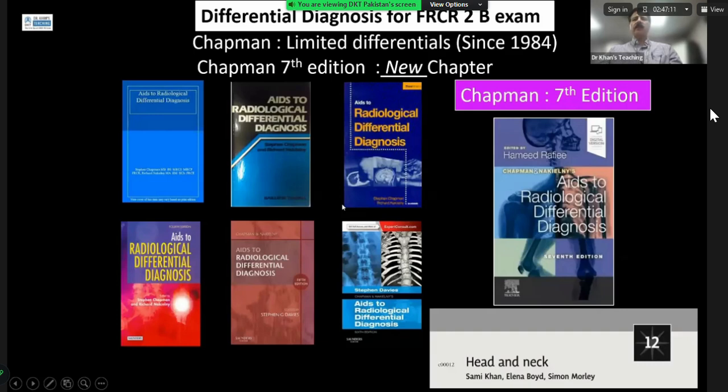And the key resource which I recommend for the FRCR exam is this book. We just use the word Chapman for this. And this is the current edition, which is the 7th edition. So what happened was that, in 1984, you will be surprised that head and neck was lacking in this book.